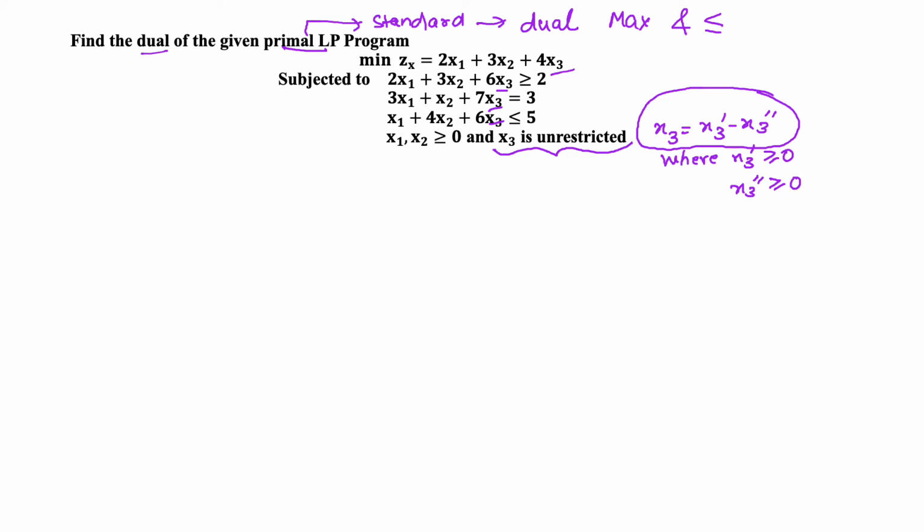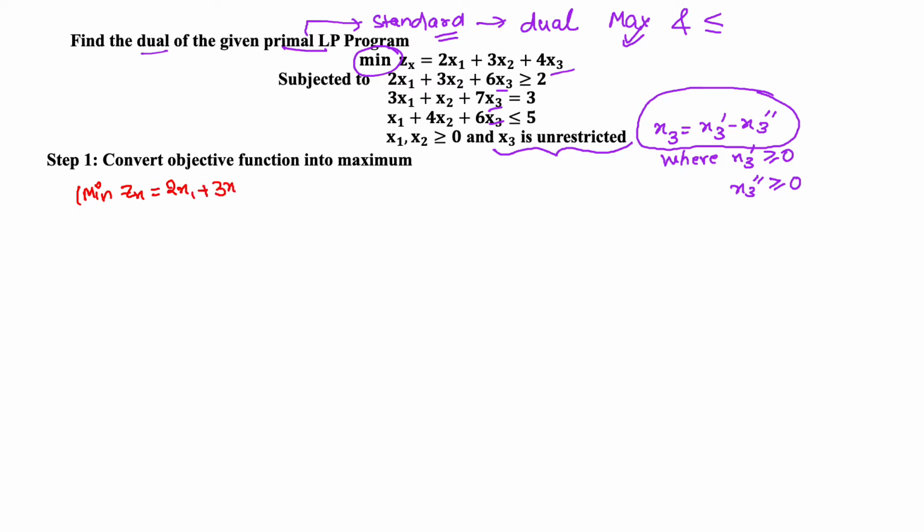To convert to standard form, the first step is to convert my objective function into maximization form. For that, we will multiply our objective function by -1. This is my objective function in minimization form. To get maximization, I will multiply it by -1.